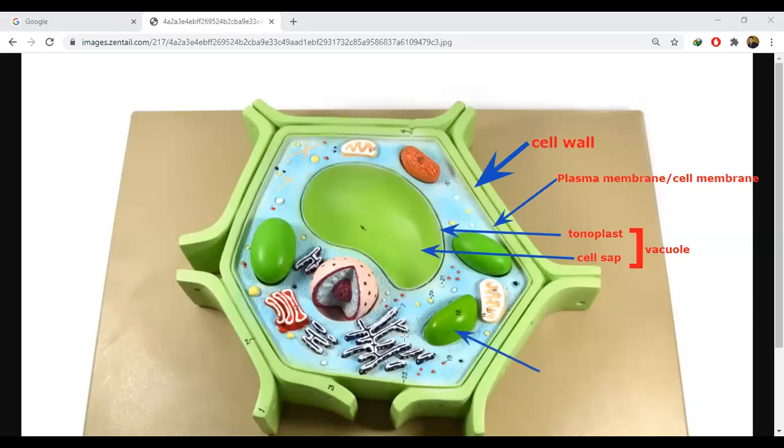Okay, remember, whatever the thing placed in the cytoplasm, this blue color material is cytoplasm. In your picture, is there cytoplasm? Have you mentioned cytoplasm in your plant picture?